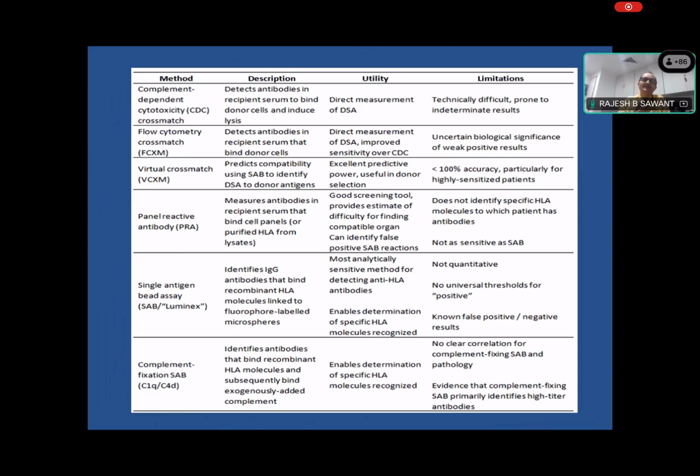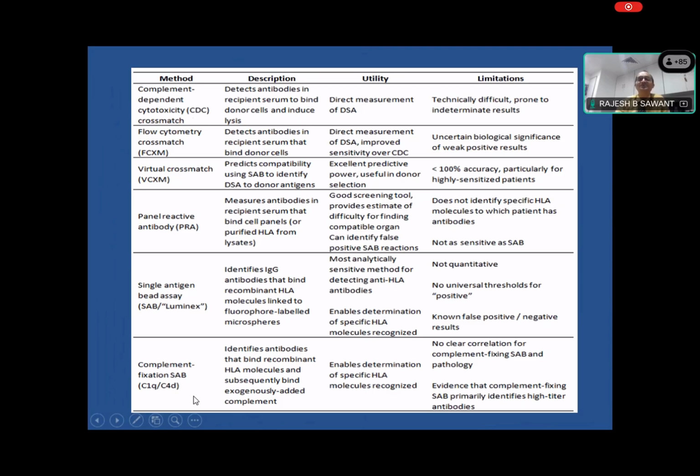Single bead assays, as I said, are the best because they will give you the specific results, but there is no universal threshold for defining a positive assay in this case. And again, known false positive and false negative results are also possible. There are now kits available for complement fixation single bead assays also, like C1q and C4d assays.